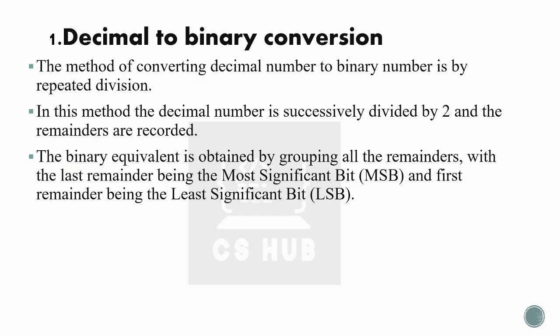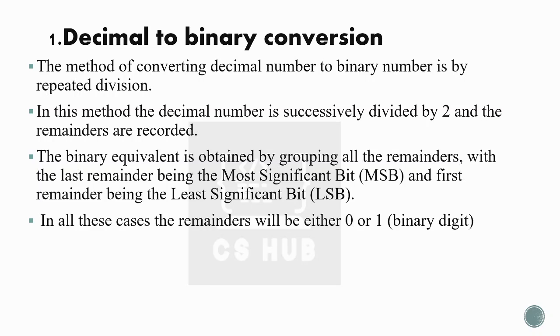So the binary equivalent is obtained by successively dividing the decimal number by 2 and recording the remainders. And these remainders are recorded in reverse order.